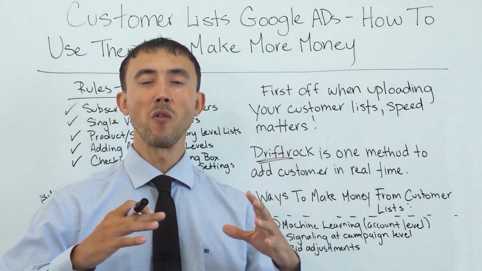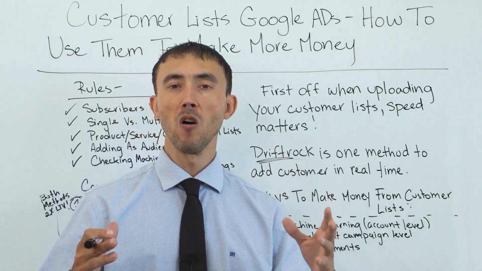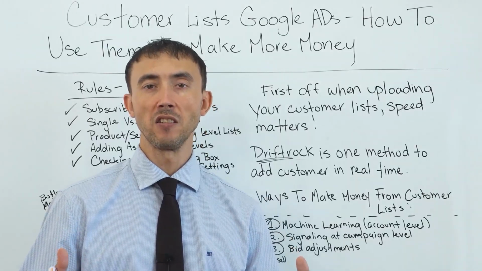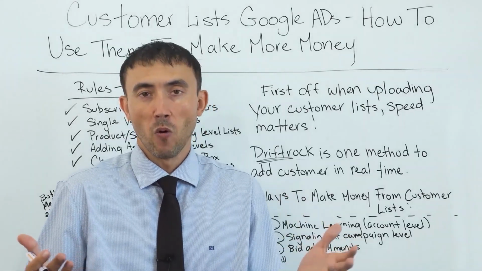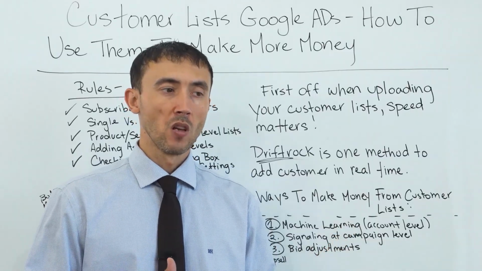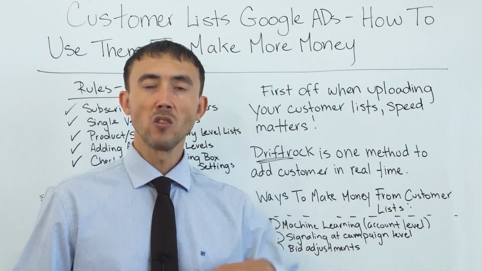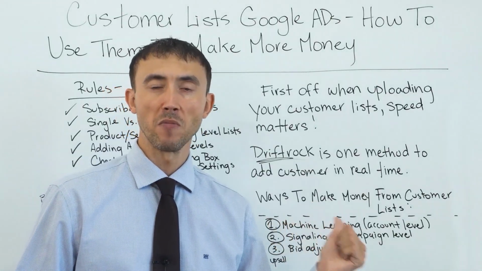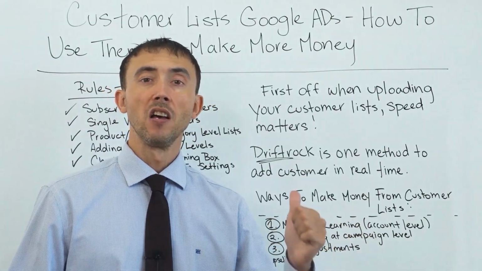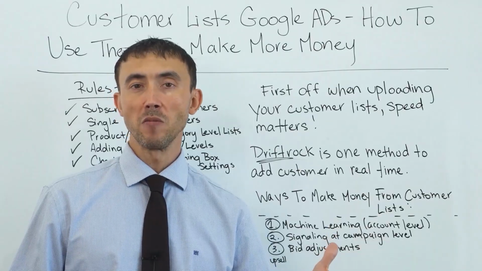This is typically, by the way, what most people know about in terms of using customer lists to improve your results, what they typically know how to use it for. But arguably, out of the 5 ways here that you're going to use customer lists to make more money from your Google Ads account, it's the one that makes you the least money.